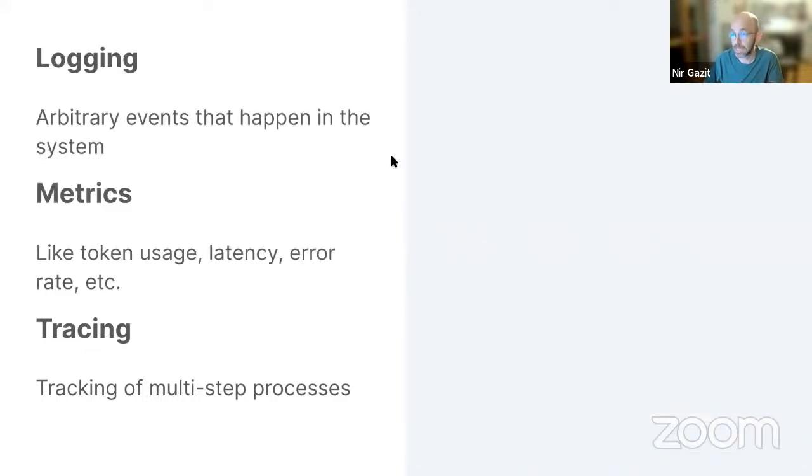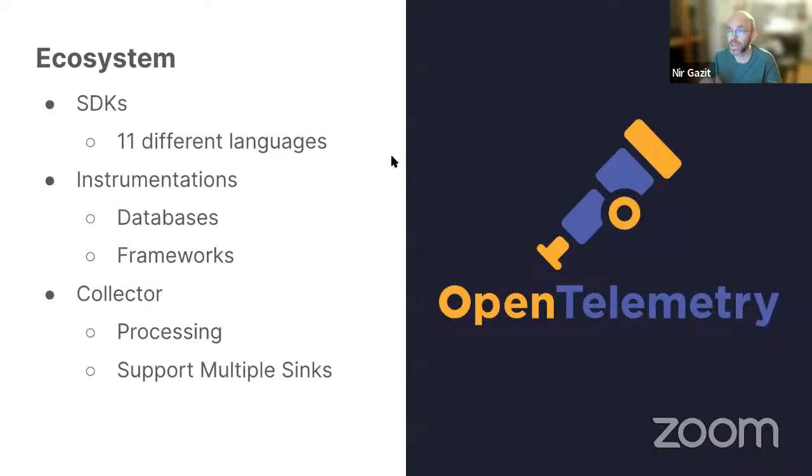So this is basically OpenTelemetry. The way it works behind the scenes is that OpenTelemetry is a huge ecosystem, and for implementing this protocol that I've just described, OpenTelemetry built 11 different SDKs for 11 different languages. So today we have OpenTelemetry SDKs in Python and TypeScript, Go, Java, Ruby, and 6 or 7 other languages.